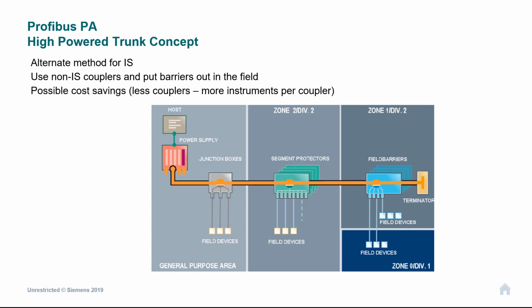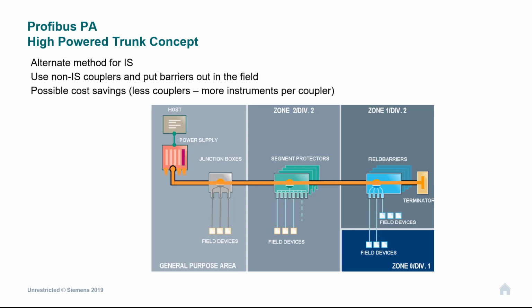So pretty complicated. I can't remember when this came in, but quite a few years back now, Profibus brought out this other method for IS wiring, and it's called the high-powered trunk concept.